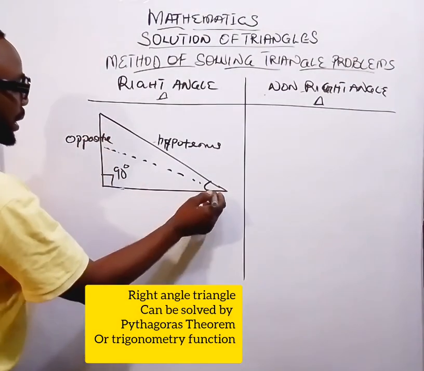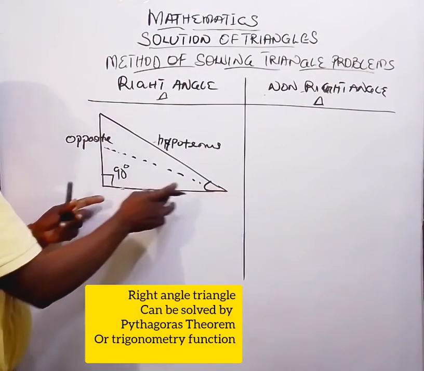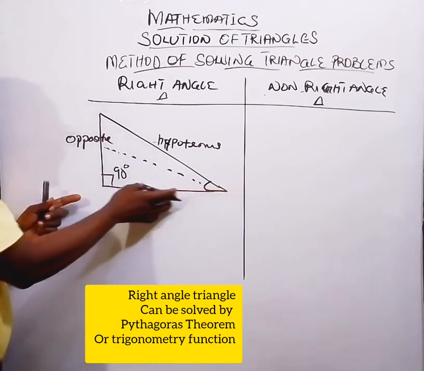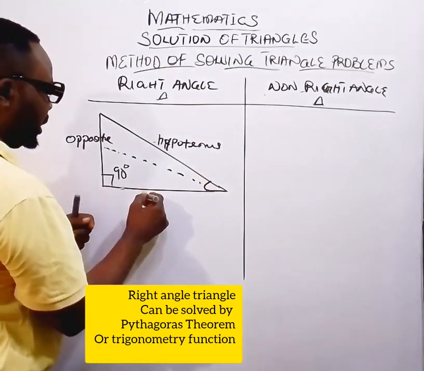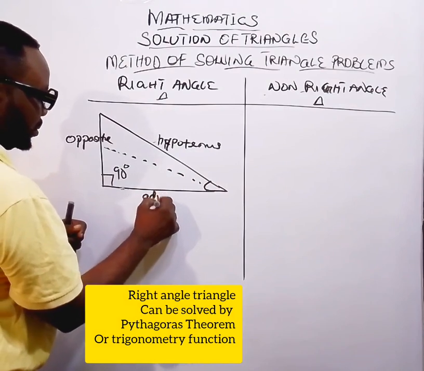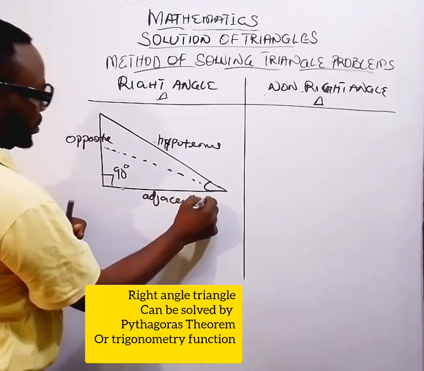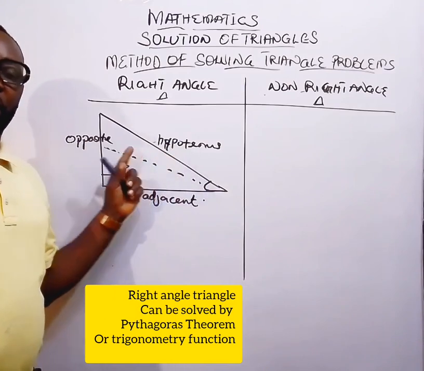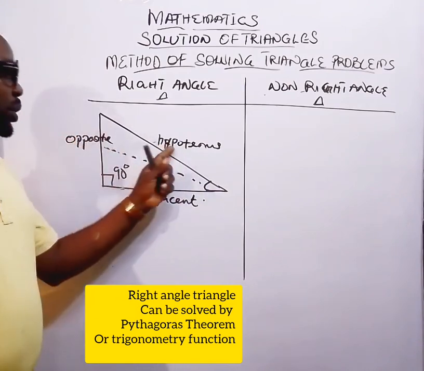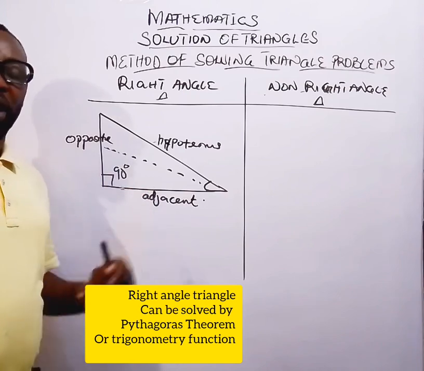While the side that is a base to the angle in consideration is called the adjacent. So we are having the three sides of the triangle here being named as hypotenuse, opposite, and adjacent.